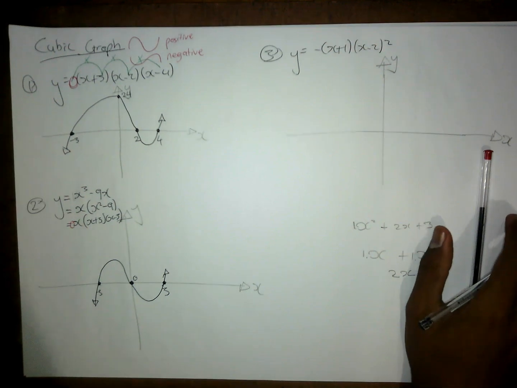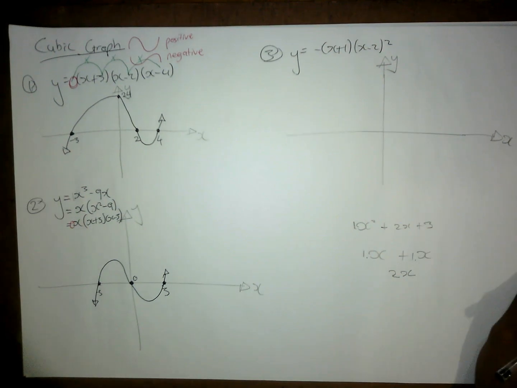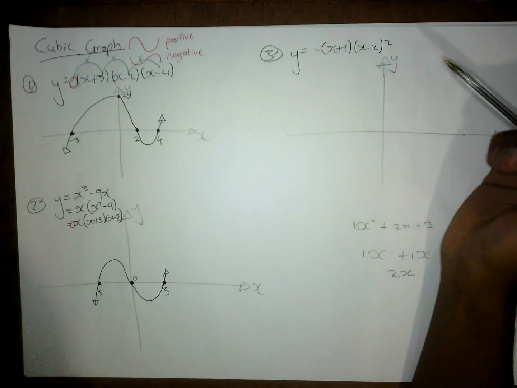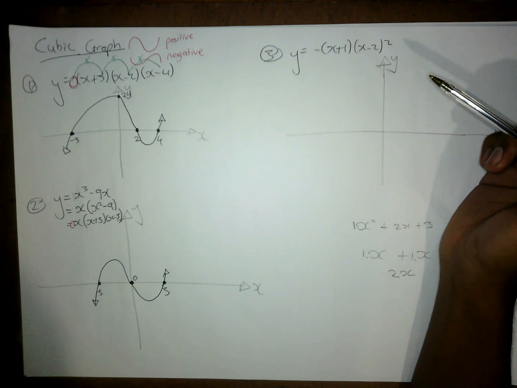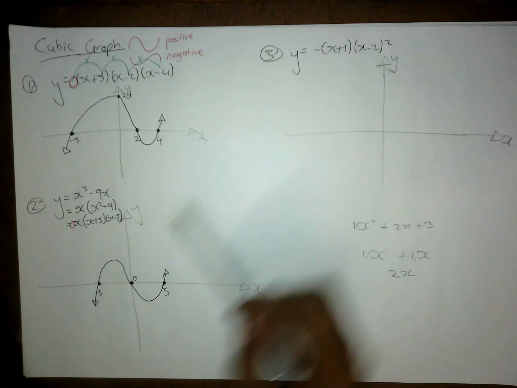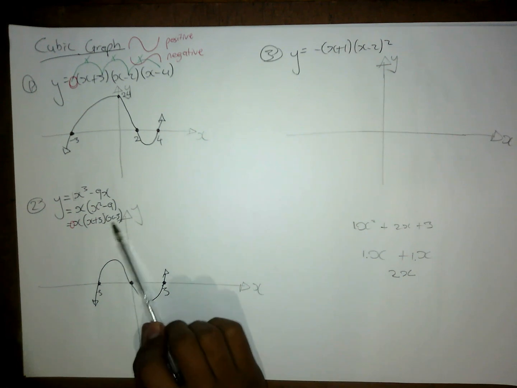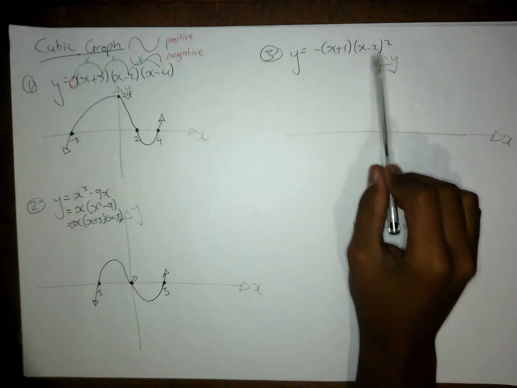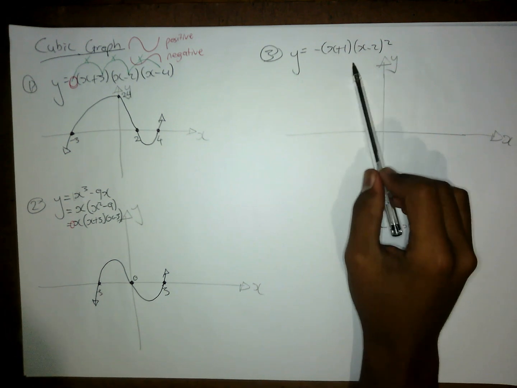For this graph over here, number 3, you see, here there are 3 x values, here it's only 2, so this one is also a special one, but you will see now why.